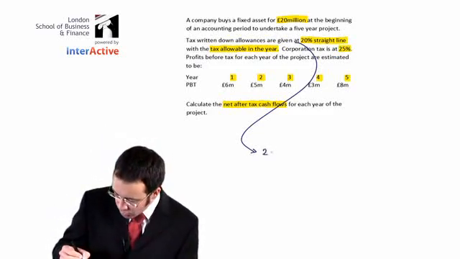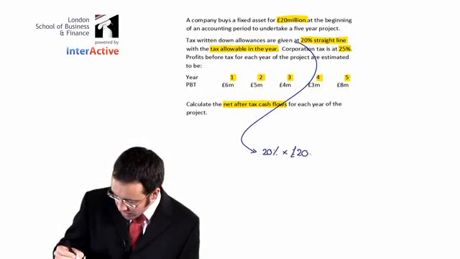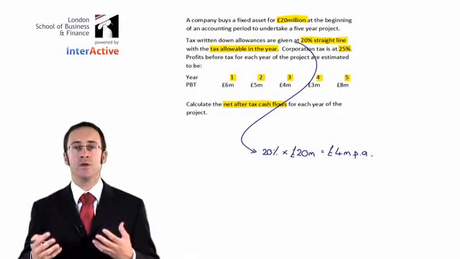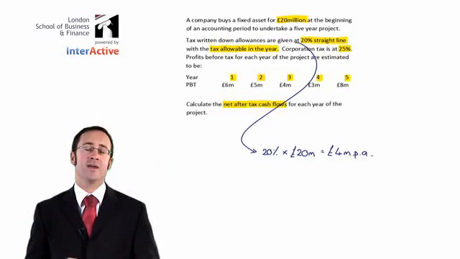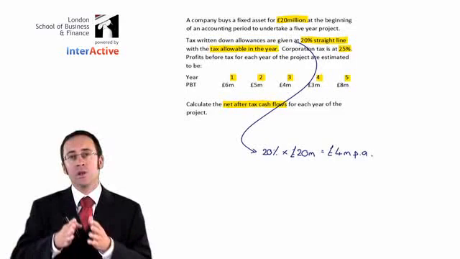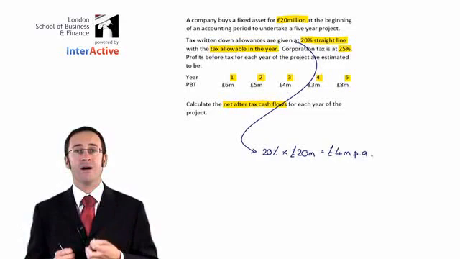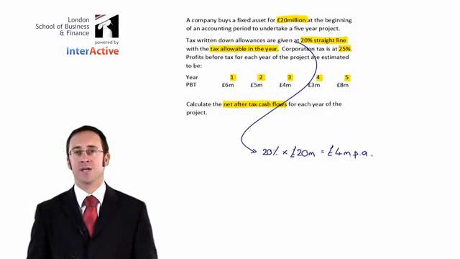So 20% of your £20 million gives you allowances of £4 million per annum, which we can use to reduce our profits before tax before we are taxed to get the cash tax flow. What you need to be careful of here is to look every year and see whether that capital allowance of 4 million is bigger than the profits before tax.